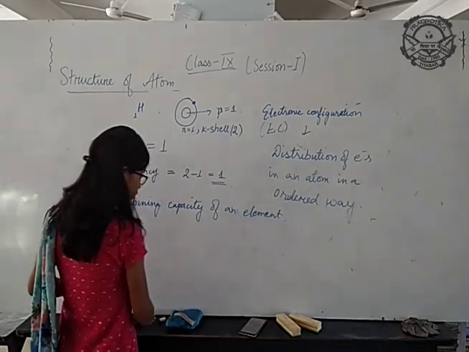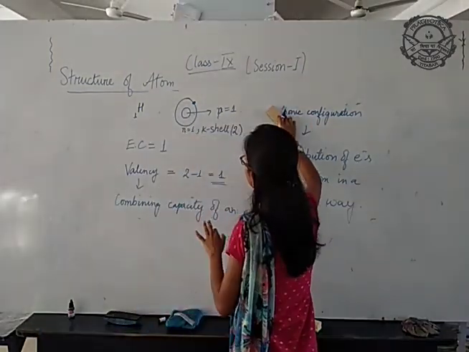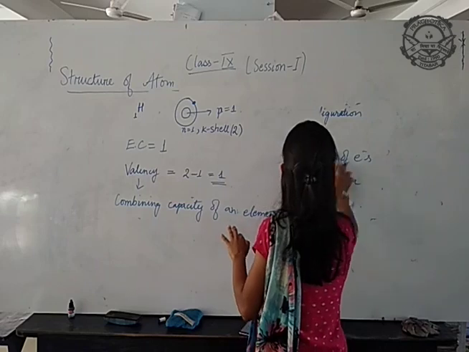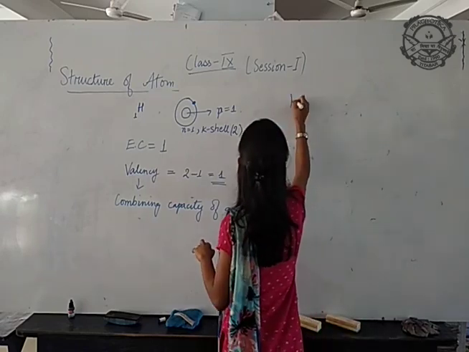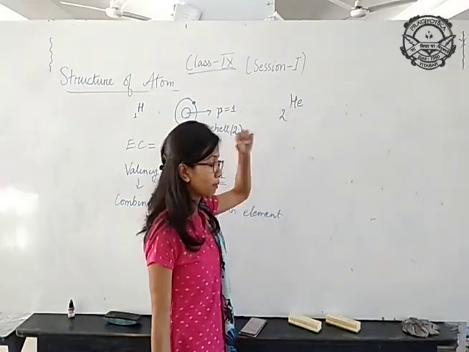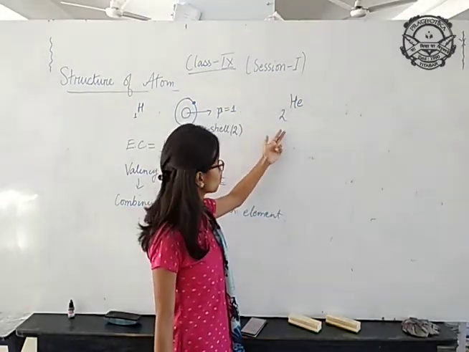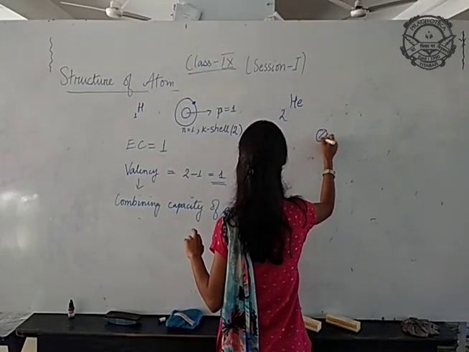Next we will go through the second element, that is helium. The number of electrons present in helium is 2, with 2 protons. Here you see this is the nucleus.